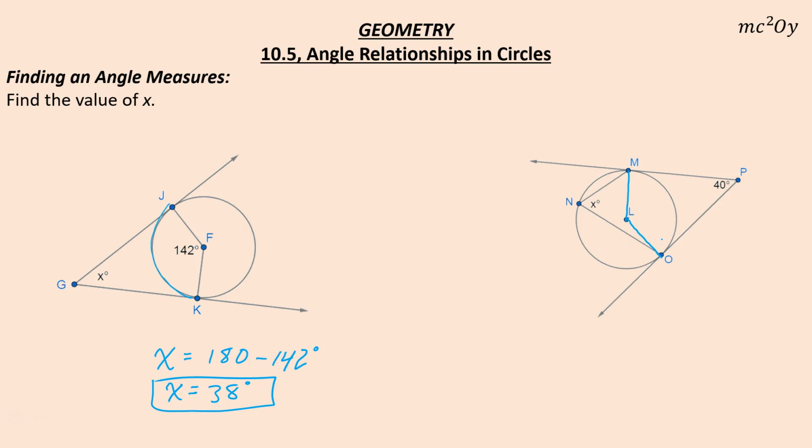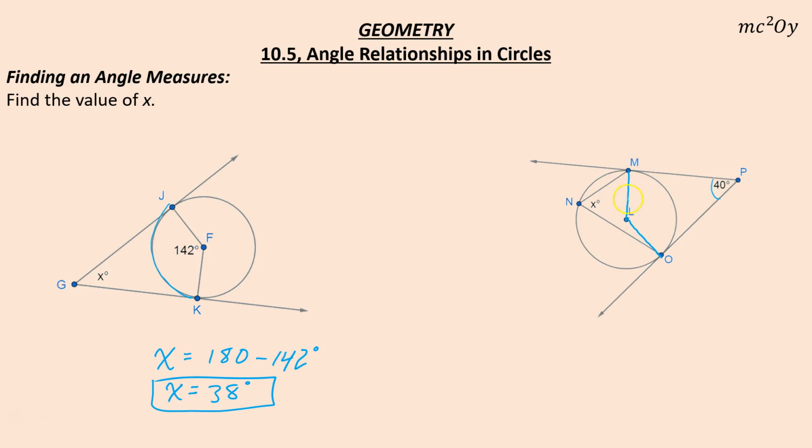If I draw in my radii, I know that this angle right here plus this angle here have to add up to 180 degrees. That doesn't help tons because I don't know that angle. I could figure that angle out, but I want to find angle X.